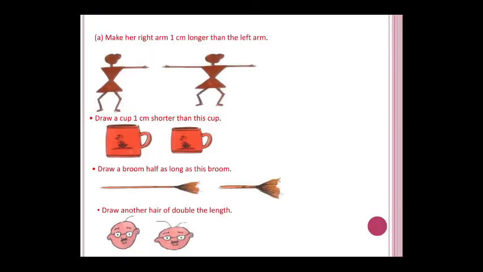Right now, children, draw another hair of double the length. See, double means you have to add the number 2 times. See here, one hair is there. Draw another hair of double the length. One you have to double means you have to add 1 two times.